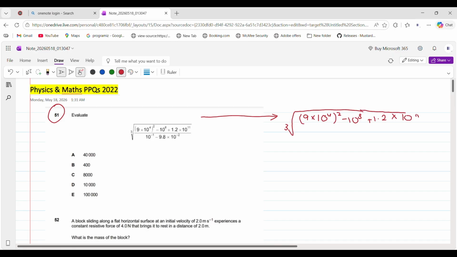It's all under cube root, right? And in the denominator we have 10 power minus 1 minus 9.8 into 10 to the power minus 2.